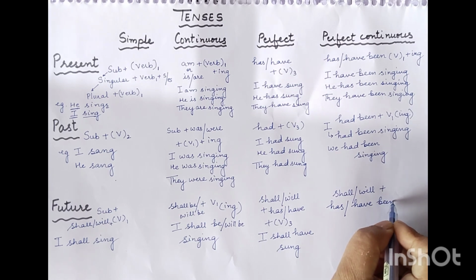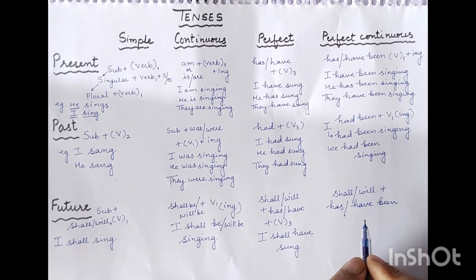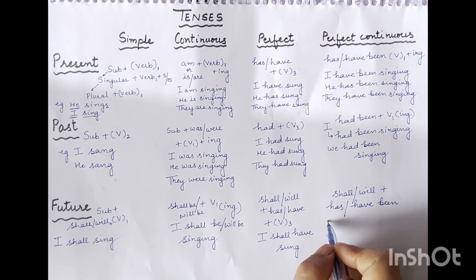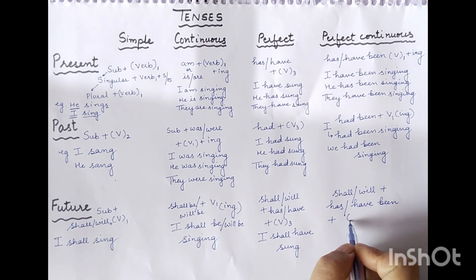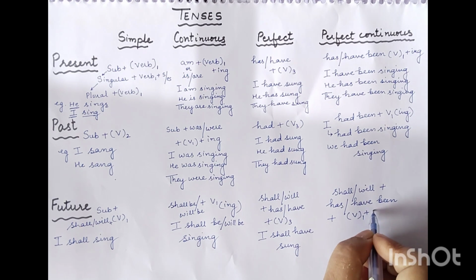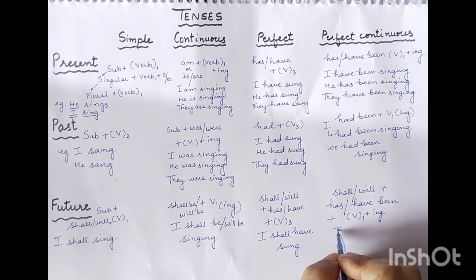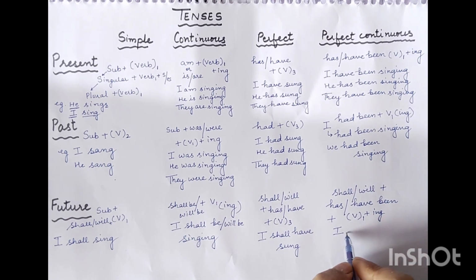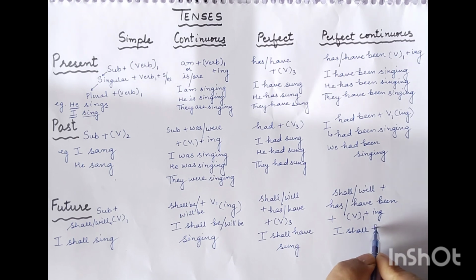Now in future perfect continuous, shall or will plus has or have, just like present perfect continuous, been. Just compare the present perfect continuous and future. Both are likely to be the same. The difference is only in shall or will, which is not present in present perfect continuous. The rest of the formula is the same.